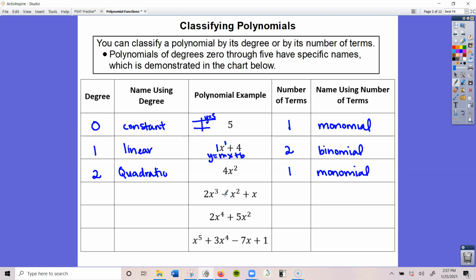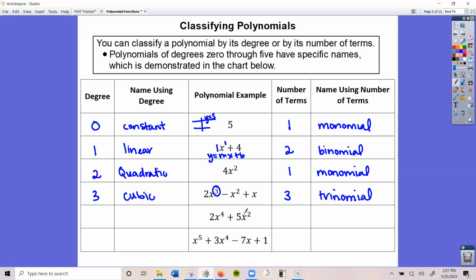For 2x to the third minus x squared plus x, the highest exponent is 3. And if the highest exponent is 3, that makes this a cubic function. Here we have 3 terms. And if you have 3 terms, that is called a trinomial. Tri meaning 3.